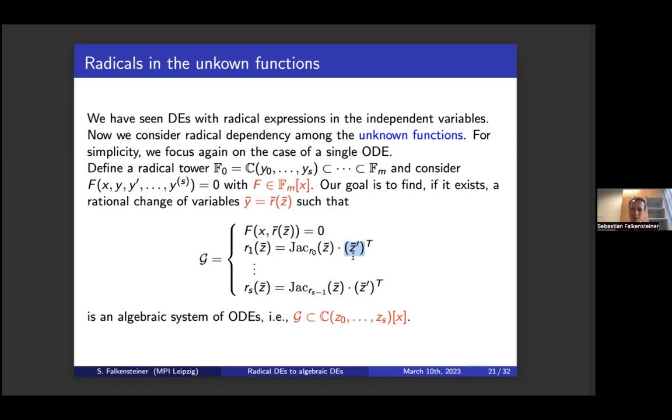There will be just one derivative involved, and so the degree of these derivatives is 1. So we can often solve this lower part for the derivatives in Z and again include it in the transformed equation of F. So it's not as bad as it looks in the beginning.